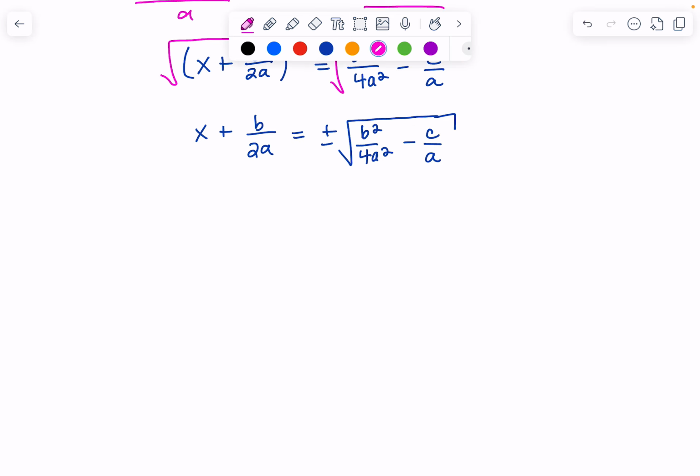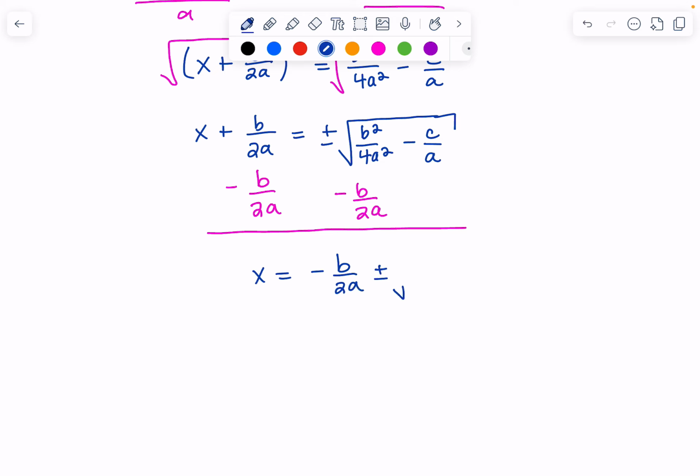Trying to get x by itself, I'm going to subtract b over 2a from both sides. And I'm left with x is equal to negative b over 2a plus or minus the square root of b squared over 4a squared minus c over a.